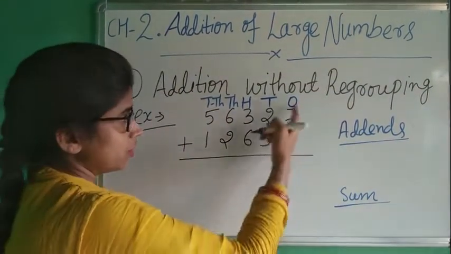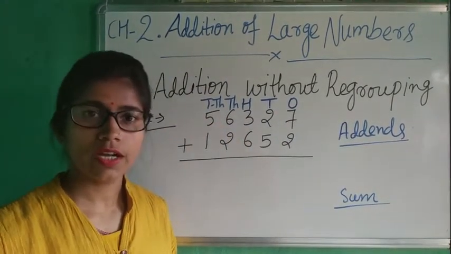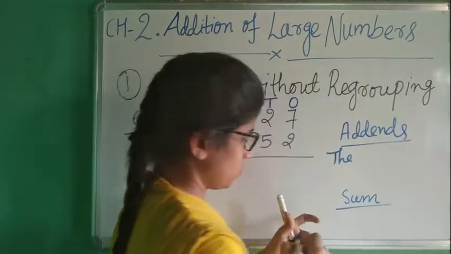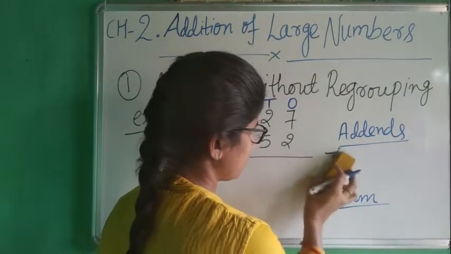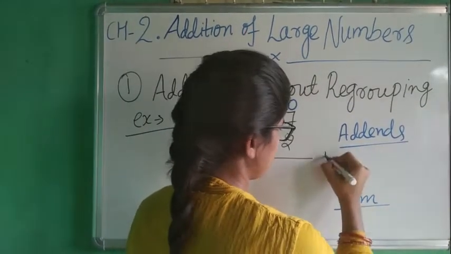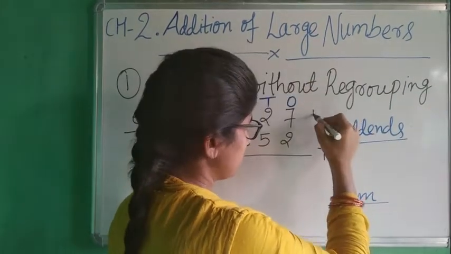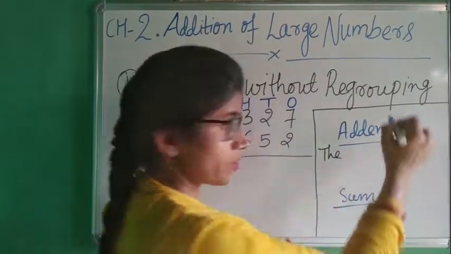So the numbers being added are called addends. You can write the definition also for this. This is the keyword.